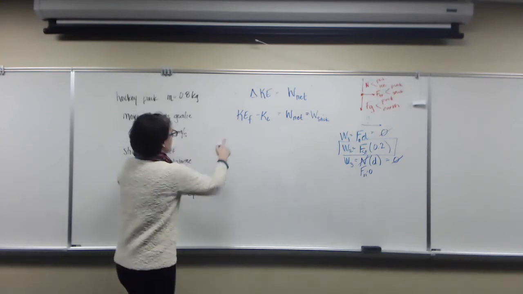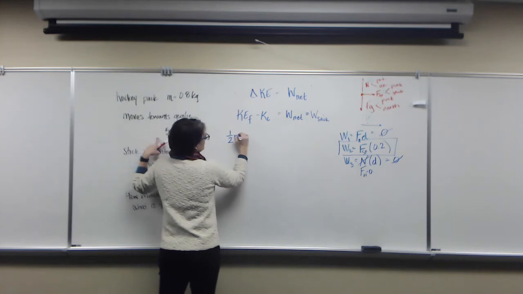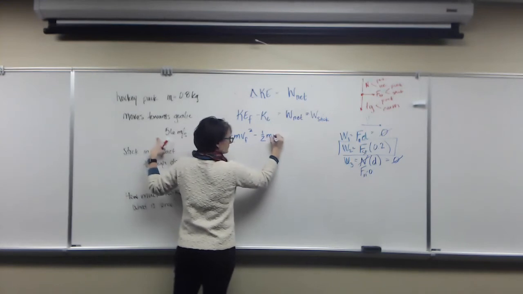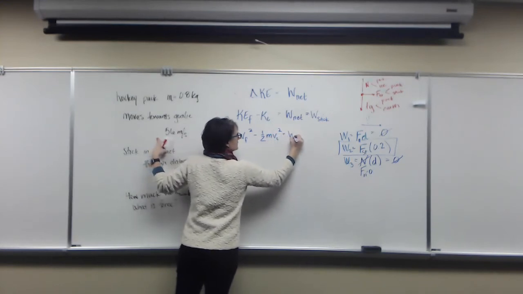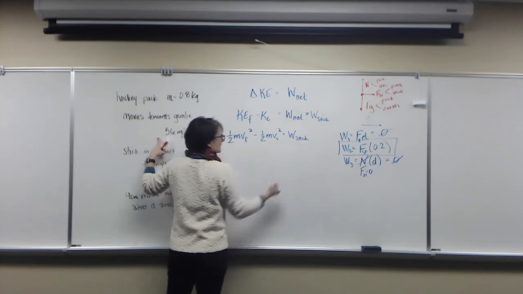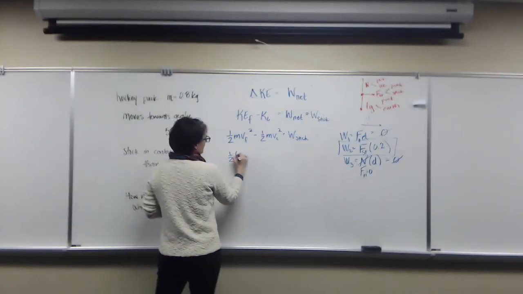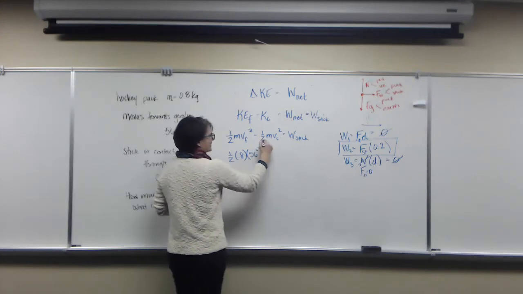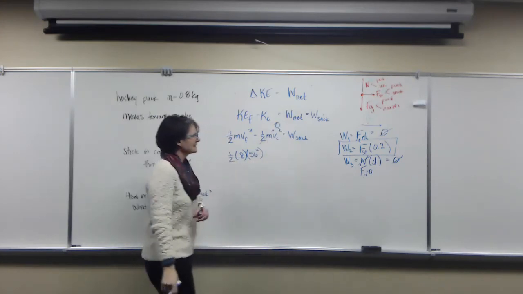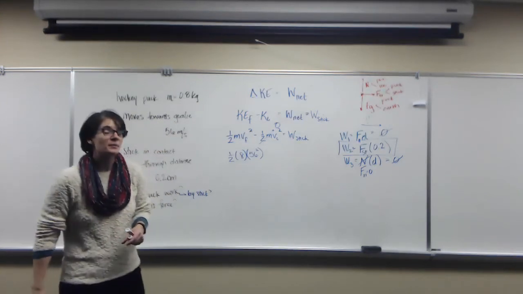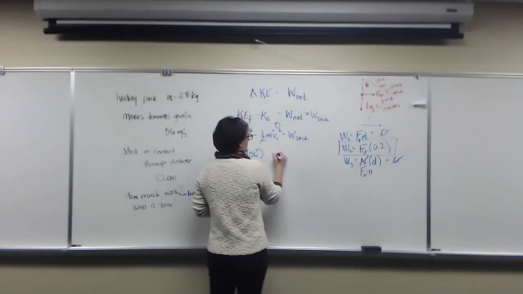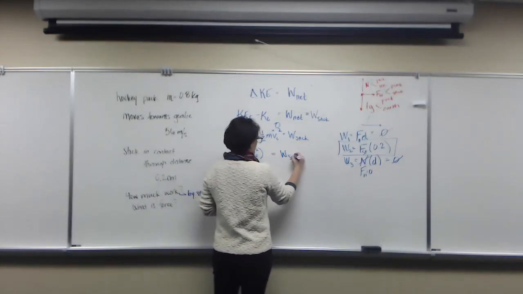We are told that the final speed is given, and the initial speed, it was just sitting there. So we have 1/2 times 0.8 times 56 squared, and the initial speed is 0, it's just sitting there, and I'm using speed properly. Remember, energy is speed, not velocity. That equals the work done by the stick.